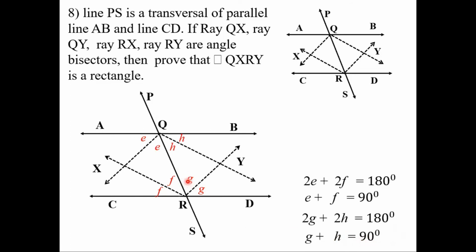Now if one angle G is over here and one angle H is over here, G plus H is 90. Naturally in this triangle QYR, G plus H is 90, then the next remaining angle must be 90 degrees, because the sum of the angles of a triangle is 180 degrees, and we can use this property over here.